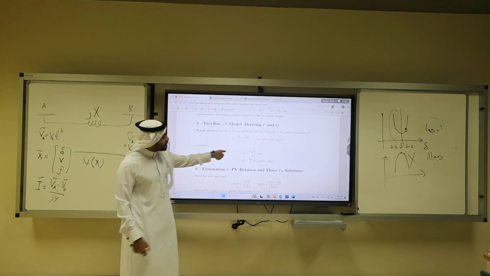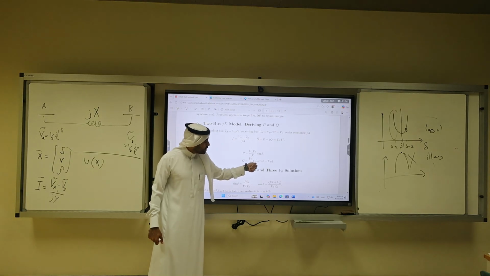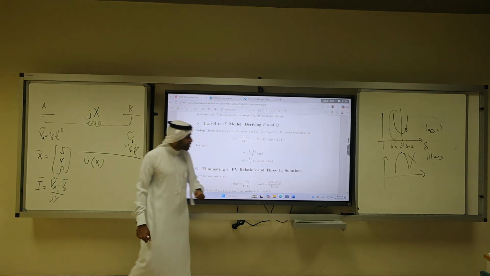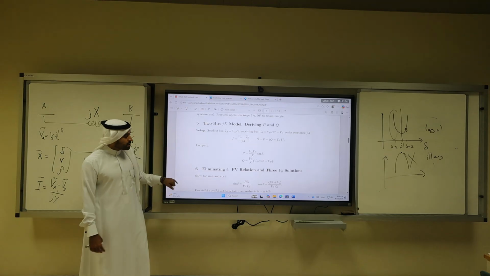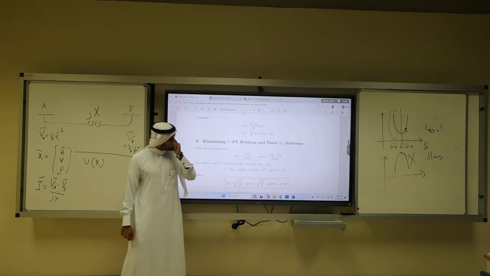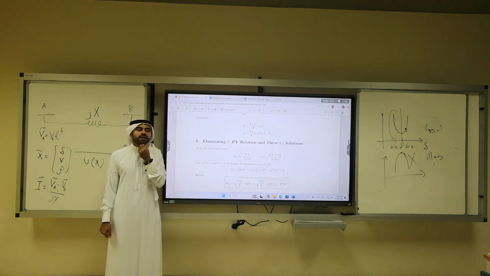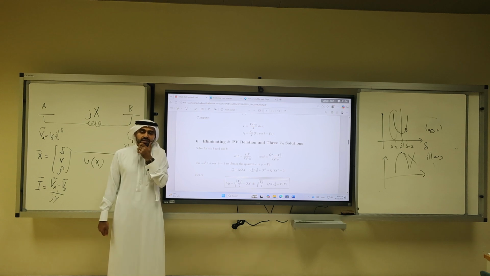So you have the real power as this equation, and the imaginary power, the reactive power, as VB over X times VA cosine delta minus VB. Using some mathematical trick, I can eliminate delta. Why do I eliminate delta? Because sometimes I may not be able to measure it directly from the system.